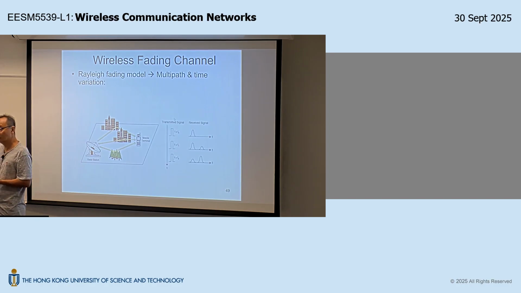Fast means millisecond order. Slow means minutes or seconds. In order for you to move away from the current terrain and move to another terrain, it cannot happen in millisecond, right? So usually it will, again, be a slow process. Okay, so that's the properties of shadowing.